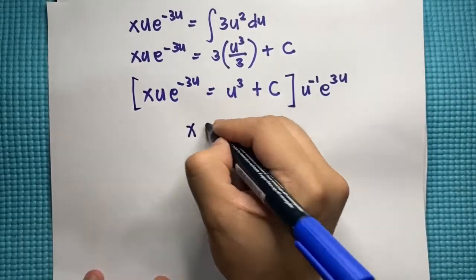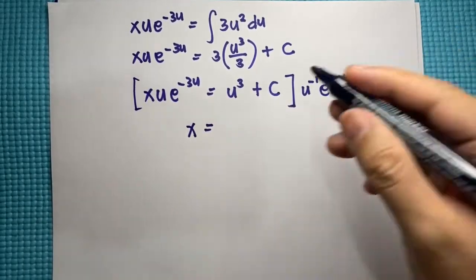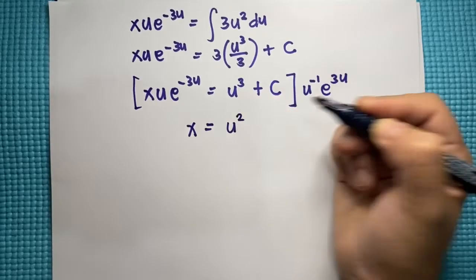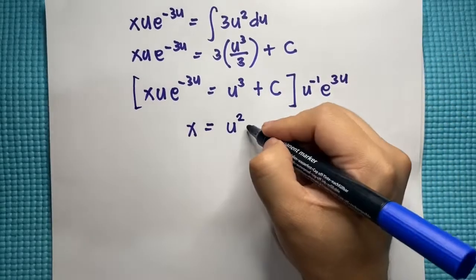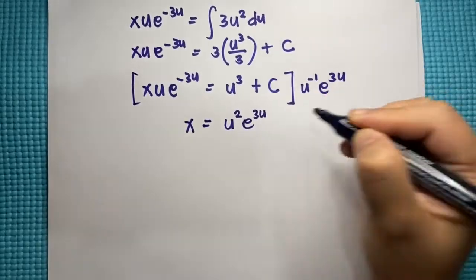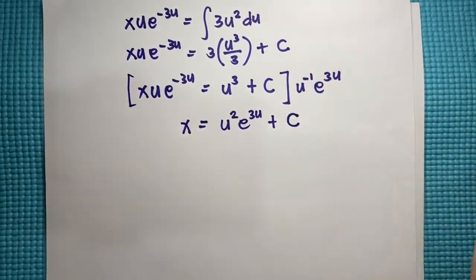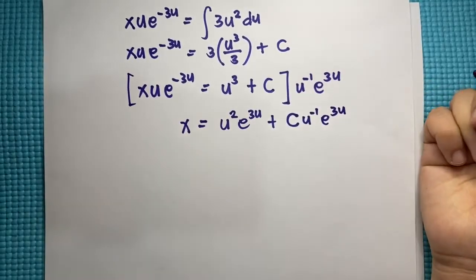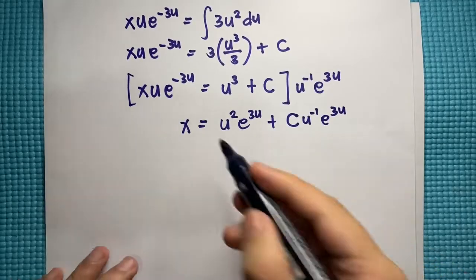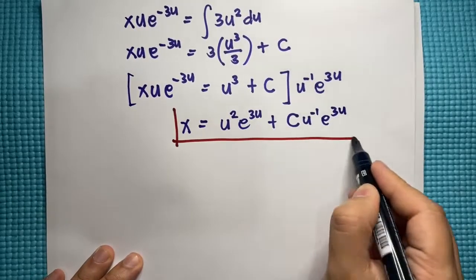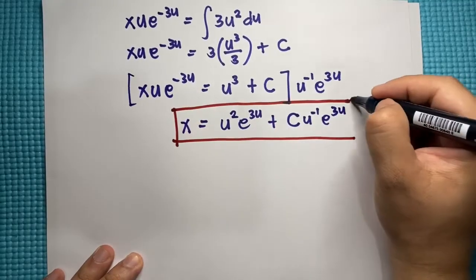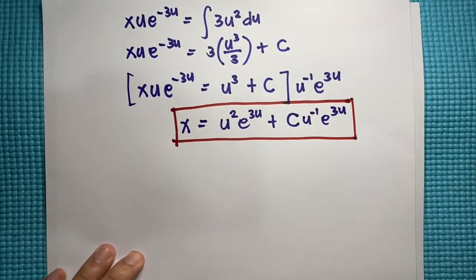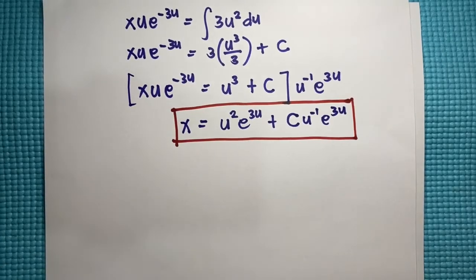So giving us x equal to u squared e raised to 3u, plus c u raised to negative 1 e raised to 3u. So that will be our general solution: x is equal to u squared e raised to 3u, plus c u raised to negative 1 e raised to 3u.